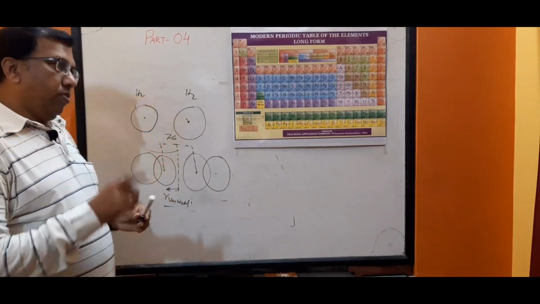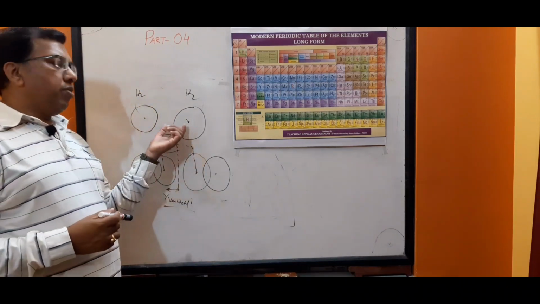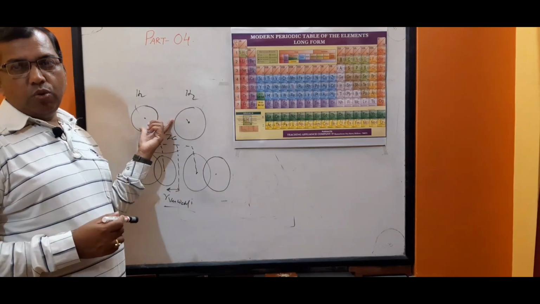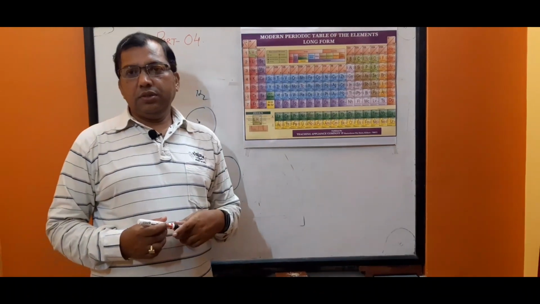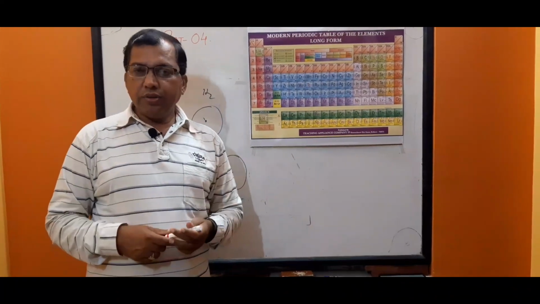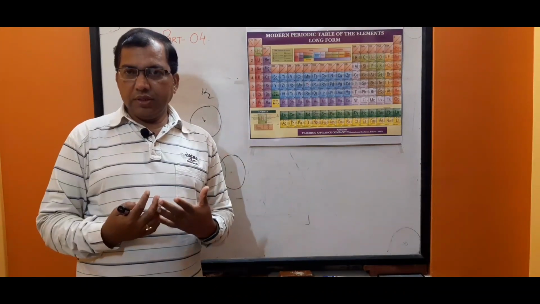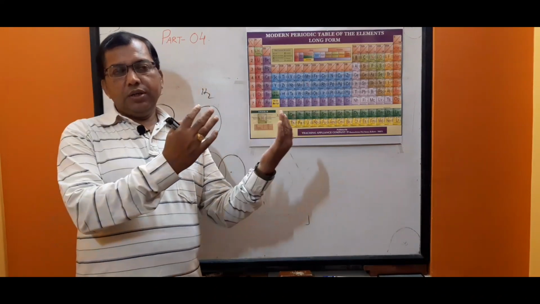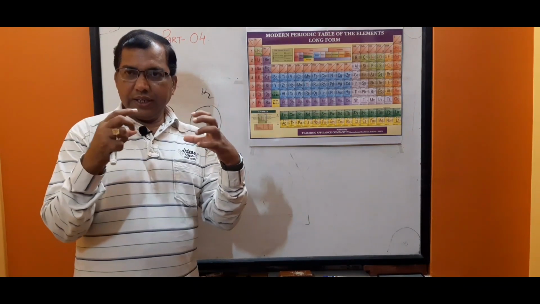A point you must remember: this is without any bond formation. Suppose noble gases, they cannot normally form bonds. Take two helium atoms; they are not bonded together, noble gas.